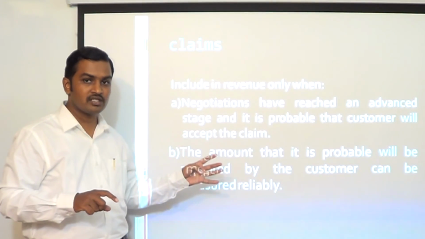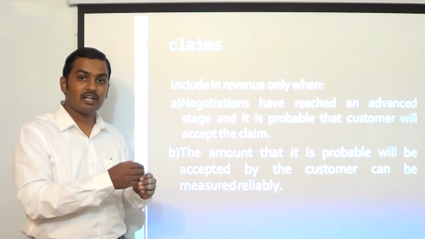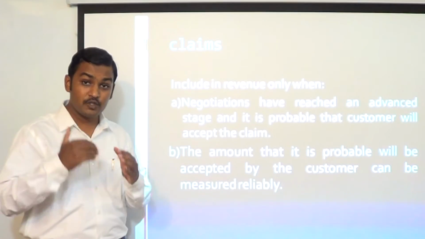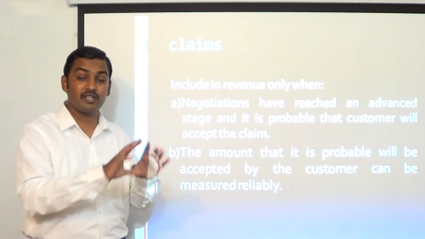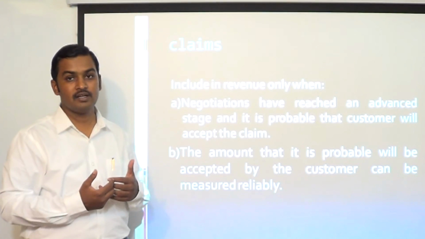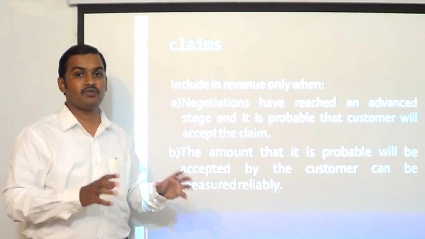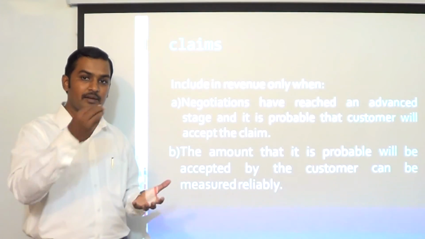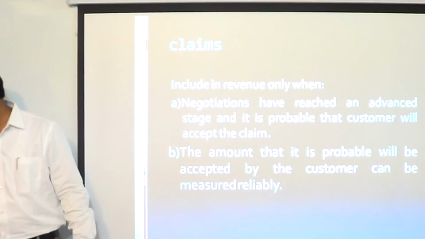So when these two conditions are satisfied, only then we can consider claims as part of contract revenue. That means negotiation should have reached an advanced stage, and we have come to a stage where the customer is going to agree to pay an extra amount to us because of his fault, and we are able to measure the claims reliably. Only in these two cases can we consider claims as part of contract revenue.